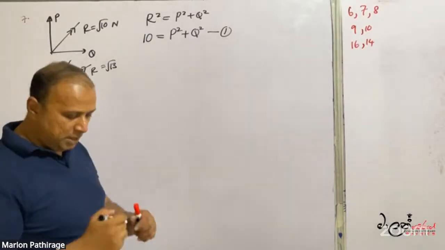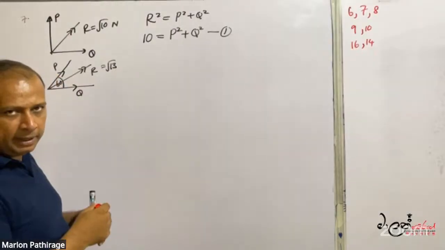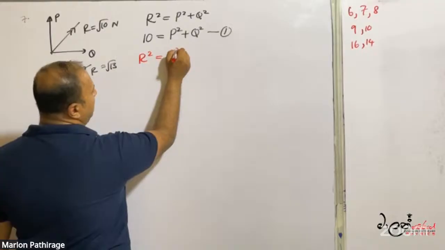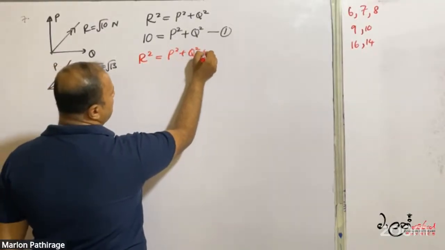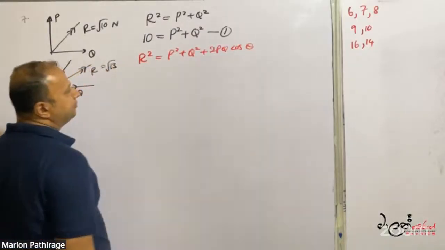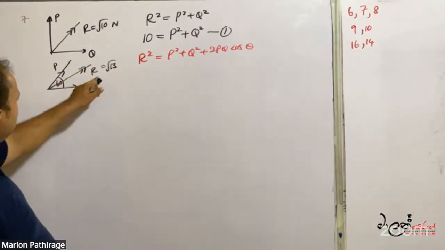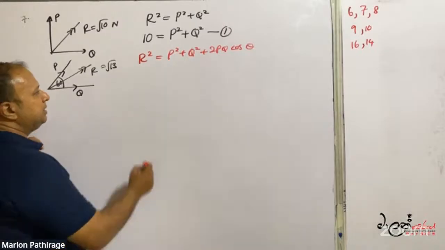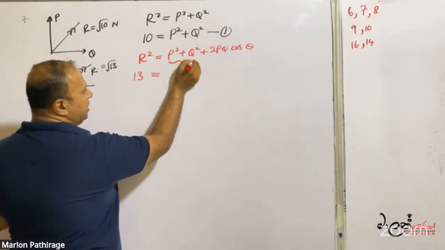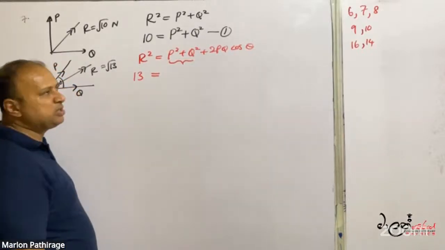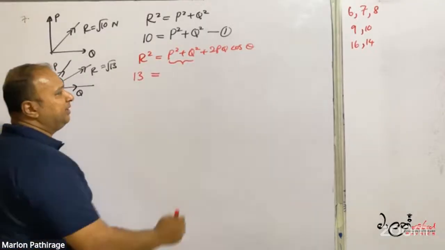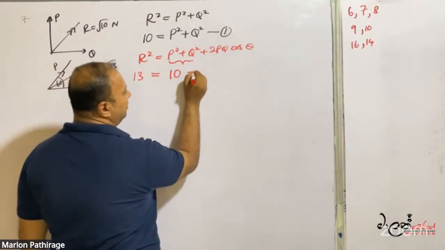So you can apply our basic equation, that is R square is equal to P square plus Q square plus 2PQ cos theta. Now R square is 13. P square plus Q square is equal to 10. So therefore you can write that one.